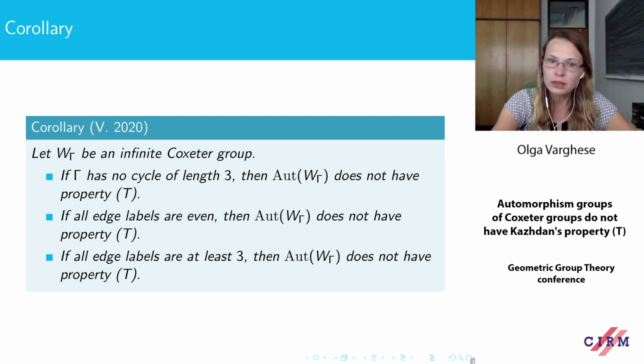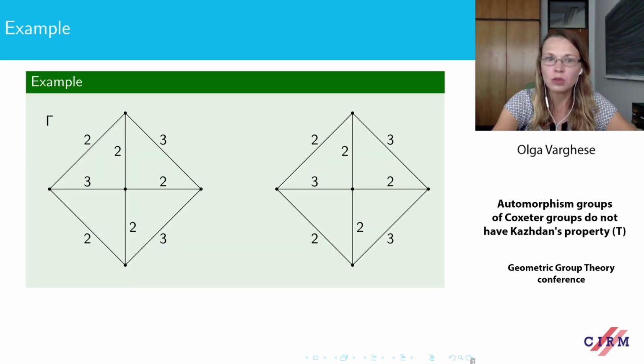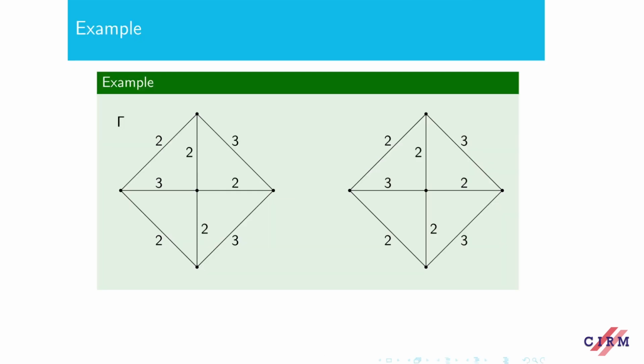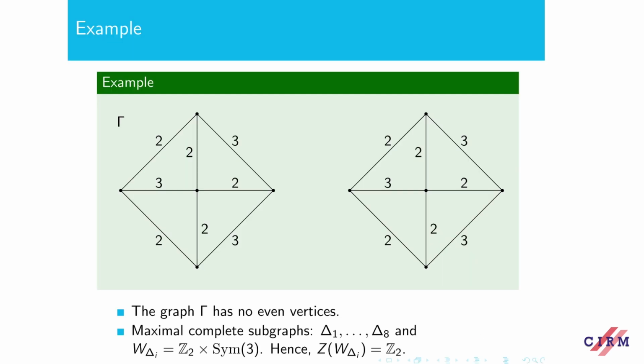Okay, so one more example. So what about this graph? Okay, so this graph has two connected components and has no even vertices. So maximal complete subgraphs are triangles. So we have 8 triangles.